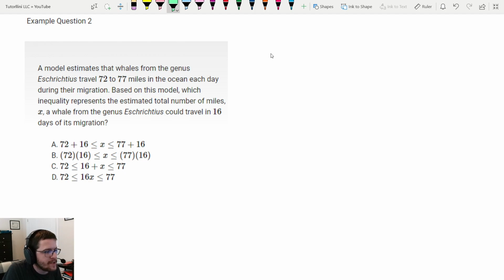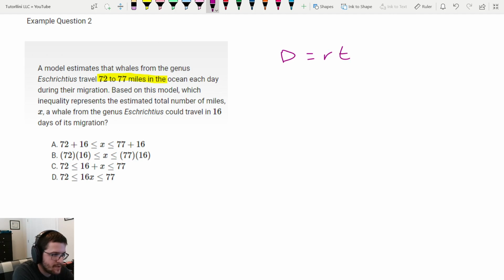Model estimates that whales from the genus travel 72 to 77 miles in the ocean each day. Great, so if they're traveling 72 miles per day, d = rt.